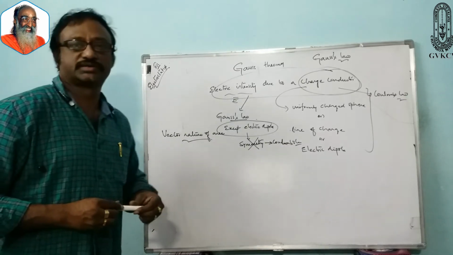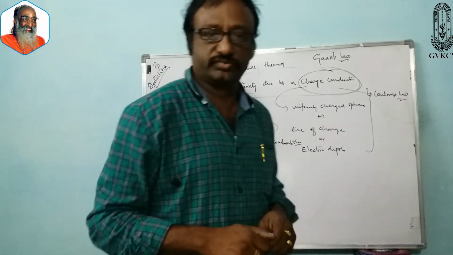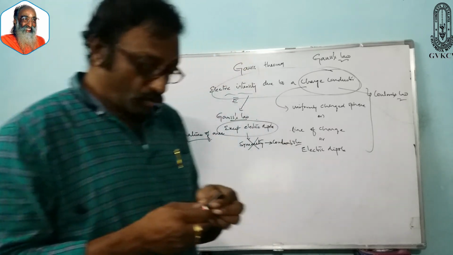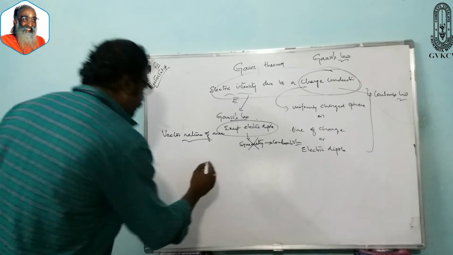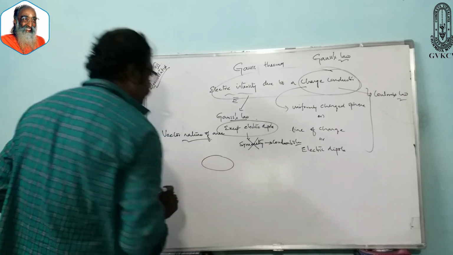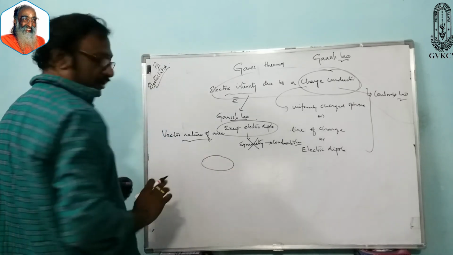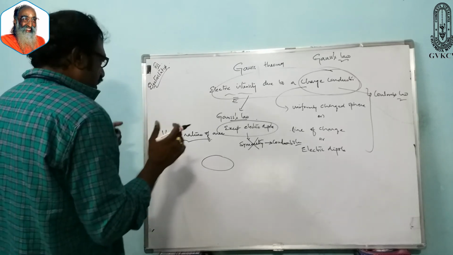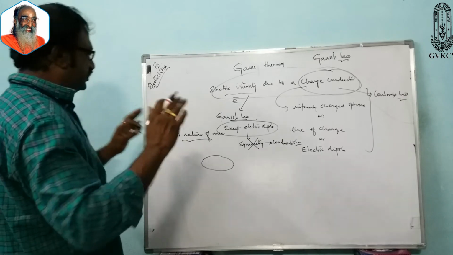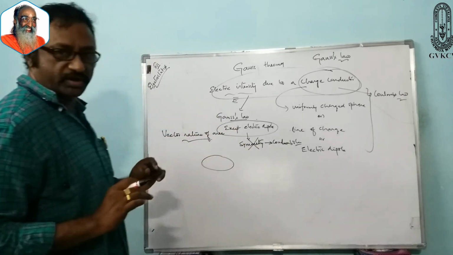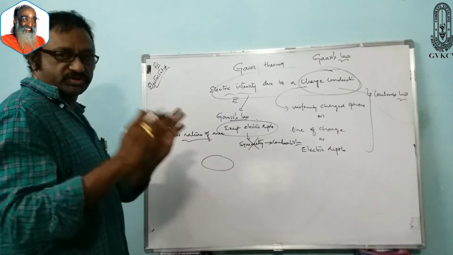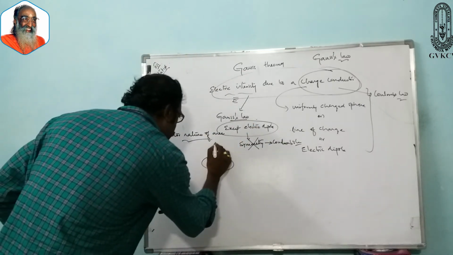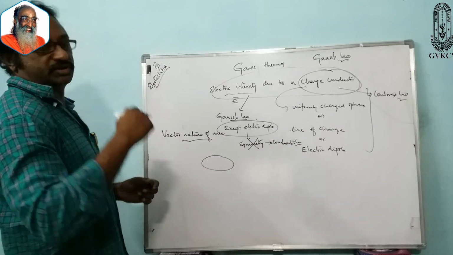Already in your 11th class, in certain discussions, we came to know that area is also a vector quantity. Suppose a surface is there, and its area. Up to a certain level of classes we understood this as a scalar quantity, and from 11th class onwards we started understanding it as a vector quantity, which means it will have a direction.